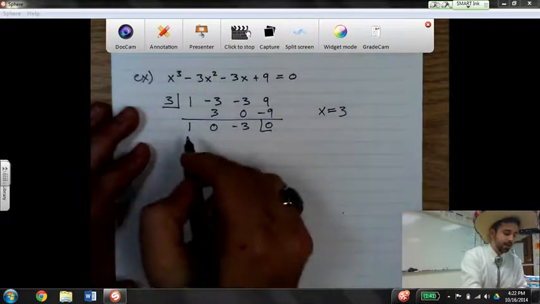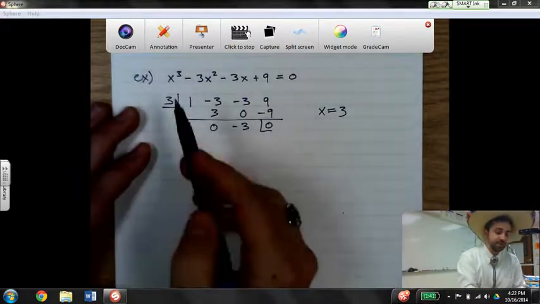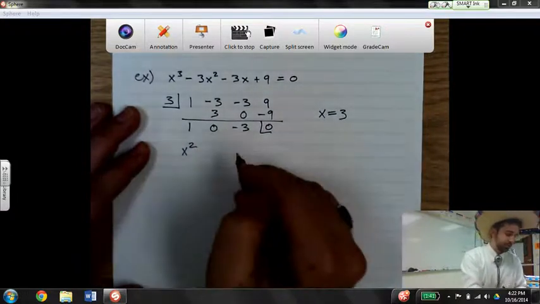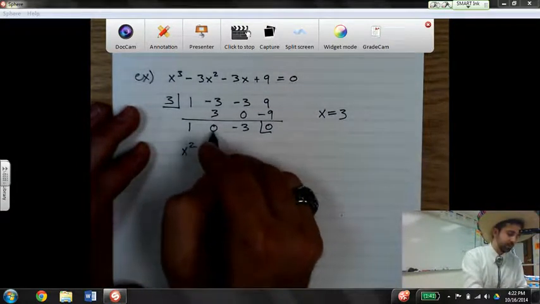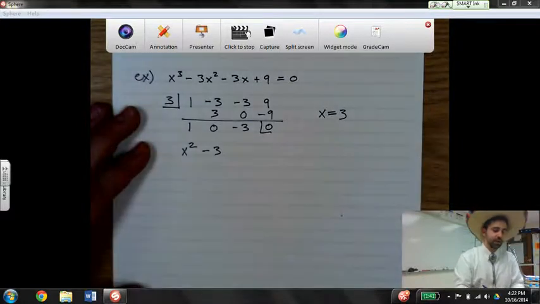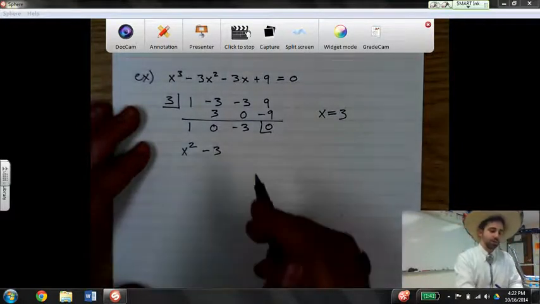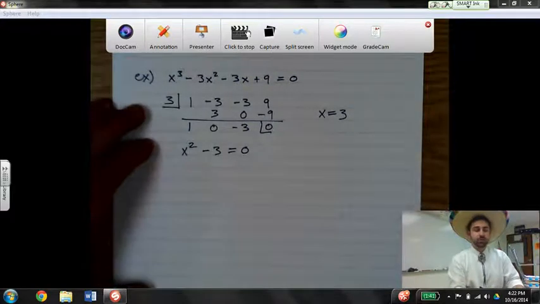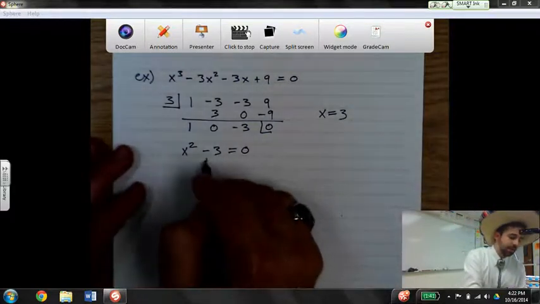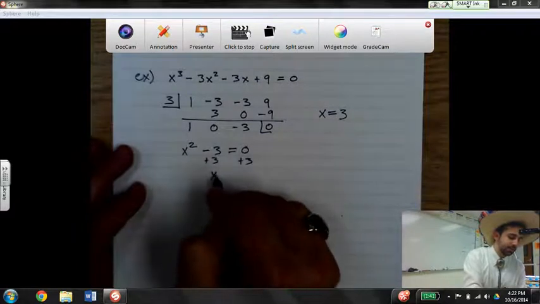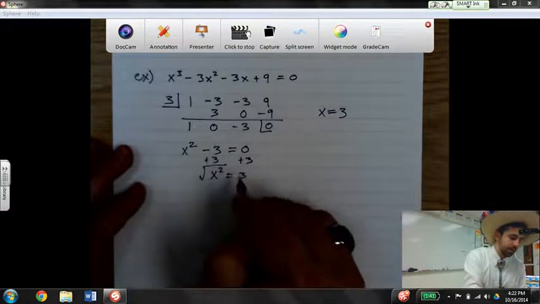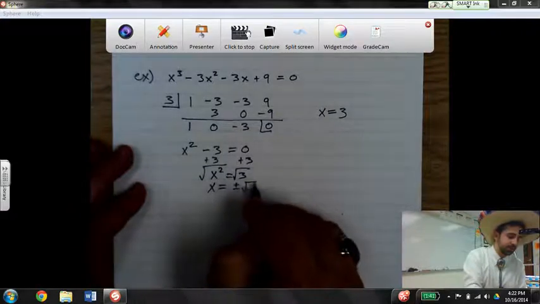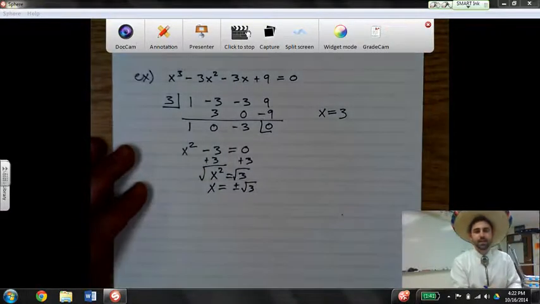Well, now we have factored out that 3 root and have gotten the polynomial x squared plus 0x minus 3, which we say is equal to 0, which we know how to solve. I first add 3 to both sides, and then take the square root, and I'm left with x equals plus or minus the square root of 3.